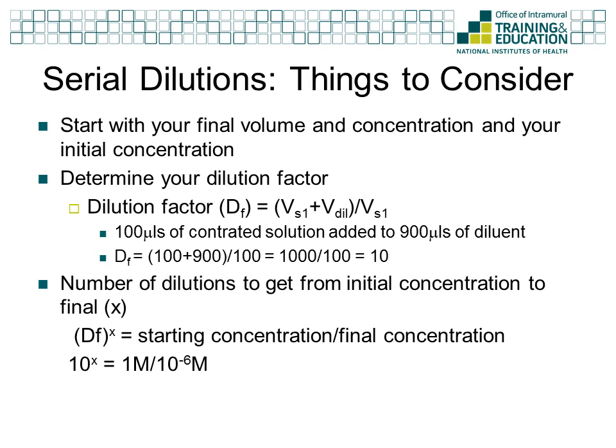So, with a dilution factor of 10, 10 to the x is equal to the starting concentration divided by the final concentration. In this case, we will use 1 molar as our starting concentration and 1 micromolar as the final concentration. So, 10 to the x power would be equal to 10 to the 6 power, and we will need to do 6 dilutions in this case to get to our final concentration.